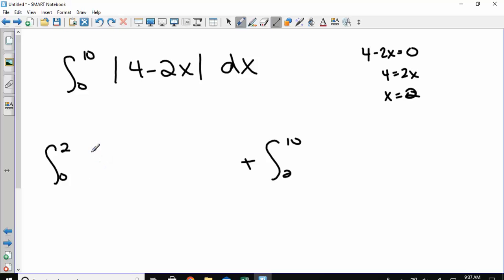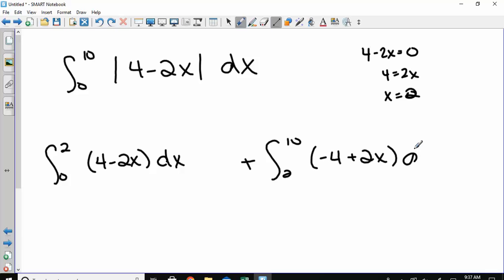If you put in something between 0 and 2, like a 1, that's positive, so the absolute value doesn't change it. If you put in something between 2 and 10, that's a negative, so we have to do the opposite, so -4 plus 2x. Do I need to work it from here, or do you? We're running short on time, but I just want to make sure you know how to set this up. Can you guys work it from that point?